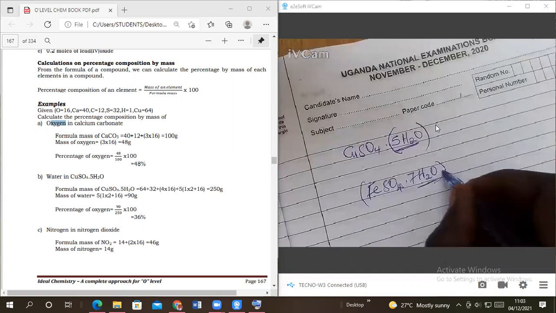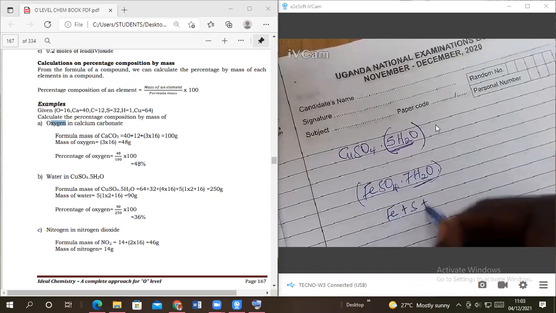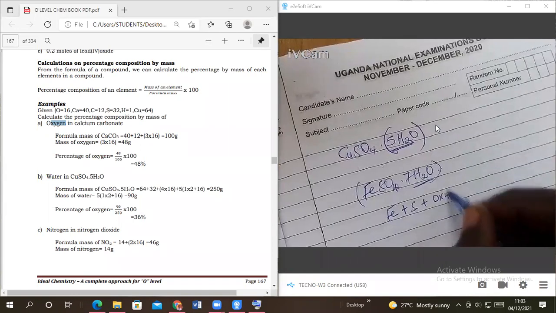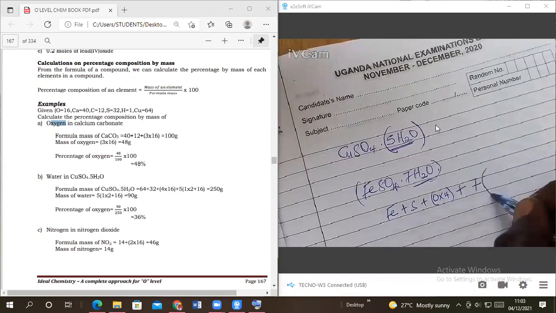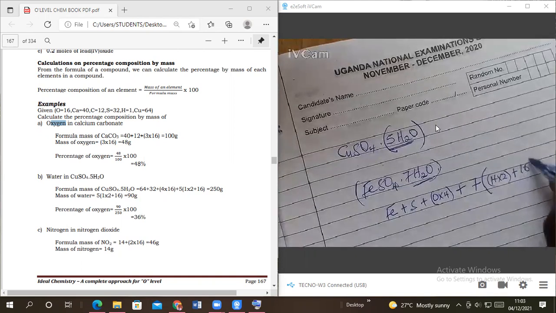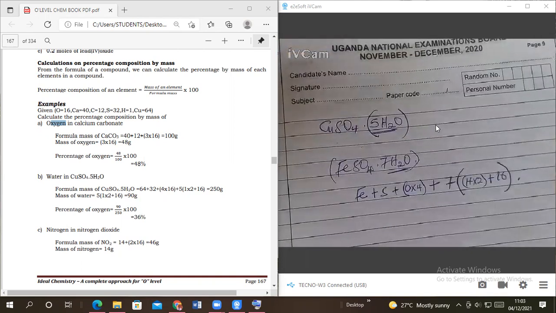If you're calculating this, it is going to be Fe plus S plus O times 4, because they are 4, plus 7, open brackets, water is H times 2 plus 16. Is that clear? Yes.